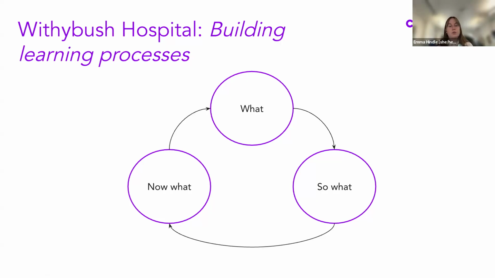When we joined the work, we found that many people in the hospital had already really embraced a learning culture and started to develop strong learning skills, but they were finding it difficult to know what to do with that learning, or to move it around the hospital to make sure that it was heard by the people that needed to hear it, to start making changes based on the insight they gathered. So we helped them build some of those necessary processes or mechanics that Naomi was just speaking about.